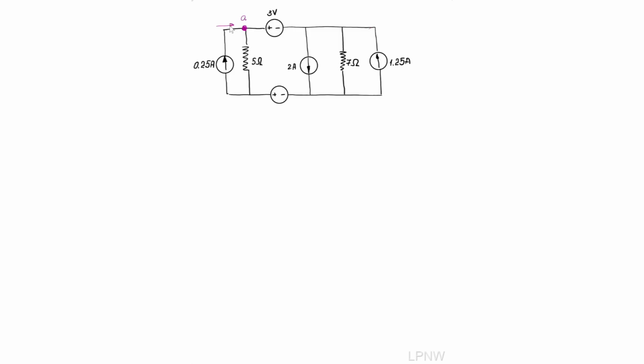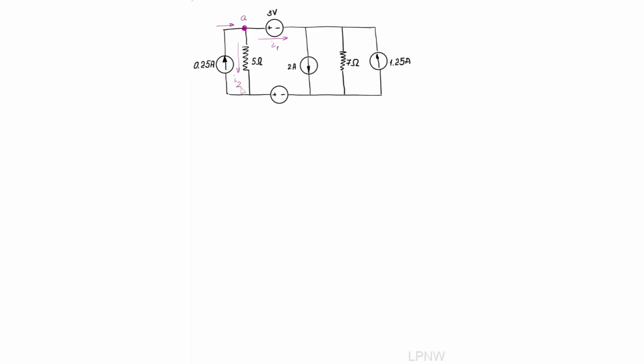It comes from the given source. Now, it is going to be distributed along 2 branches. Let's say to the right is going to be the current I1, and down through the 5 ohm resistor goes the current I2.